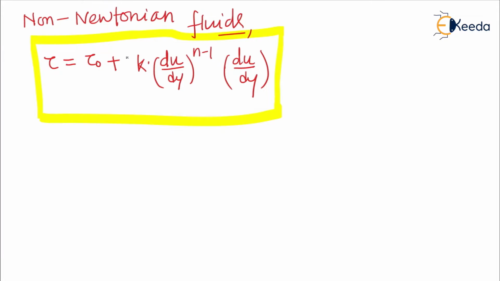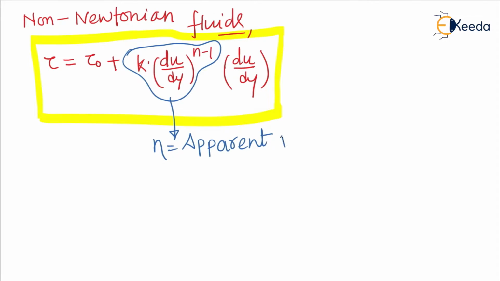And let me tell you about this particular term, what do we call it? We call it eta, that is sometimes also known as apparent viscosity. Remember this.